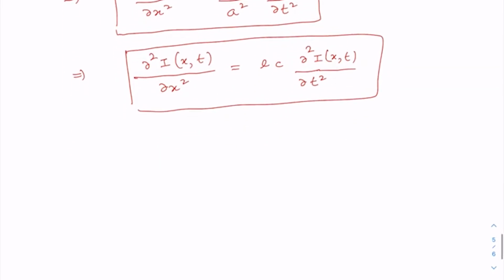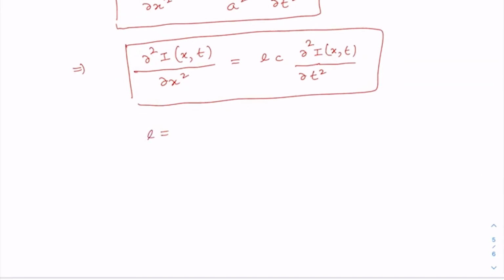And here this small l is inductance per unit length, and small c is the capacitance per unit length, and these quantities are actually the physical quantities of the transmission line, and they do not depend on our discretization. Now you can see that this equation is nothing but the wave equation.